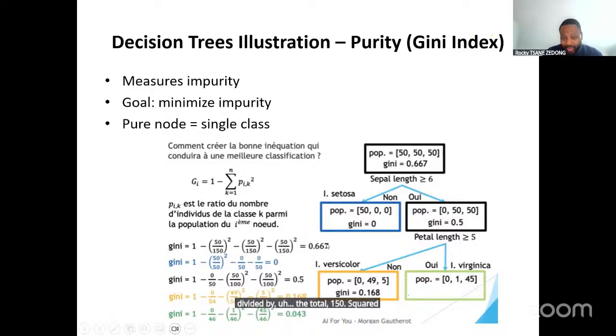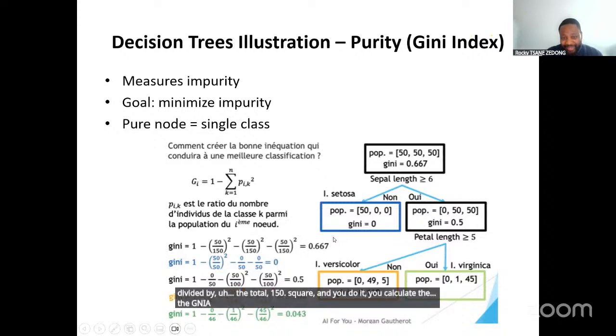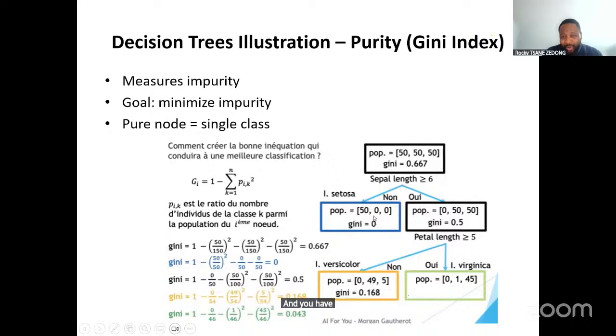And you calculate the Gini index for each node, which gives a weight to each node, definitely. And here you can see that the best Gini index is this one.